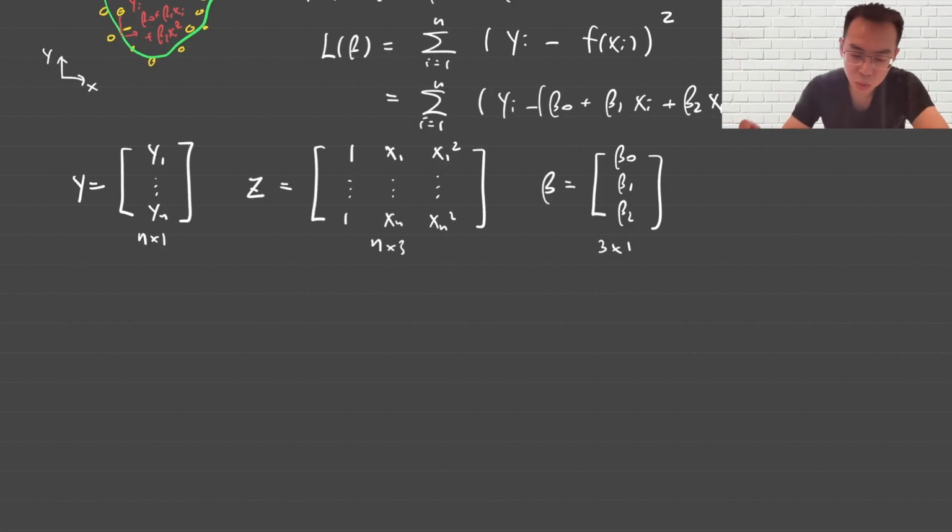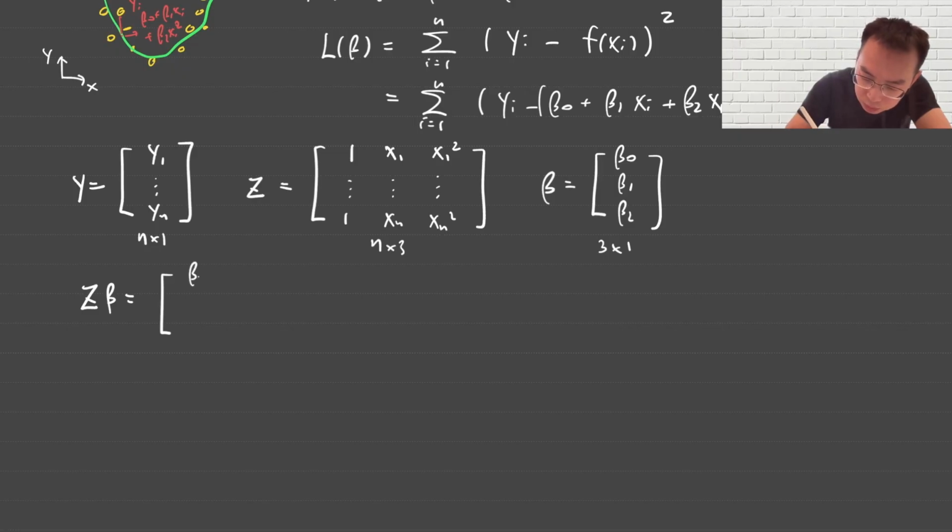And what we can do here is let's first do Z times beta to see what we get. We just do the matrix multiplication. That's going to be beta 0 plus beta 1 x1 plus beta 2 x1 squared, all the way to beta 0 plus beta 1 xn plus beta 2 xn squared.